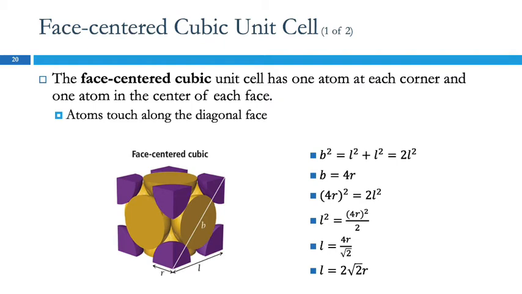The third one is a face-centered cubic unit cell. And again, these purple ones are the corners of that original unit cell. And now we're spreading them out a little bit. And on the face of this cube, an atom is centered. So it's face-centered. So half of it is in the cell and half of it is not in the cell. And on the top face, the same thing.